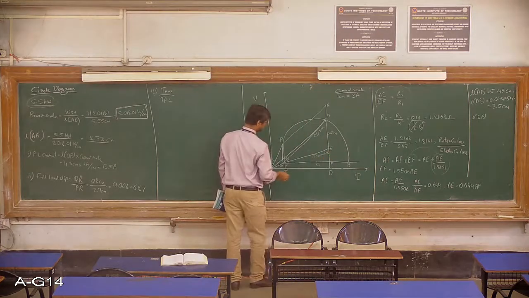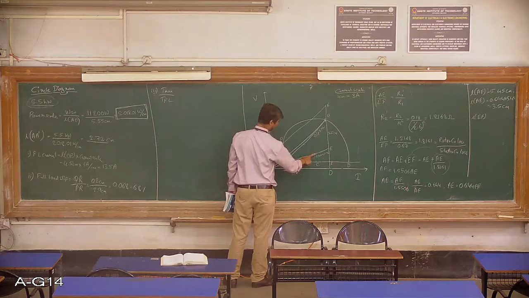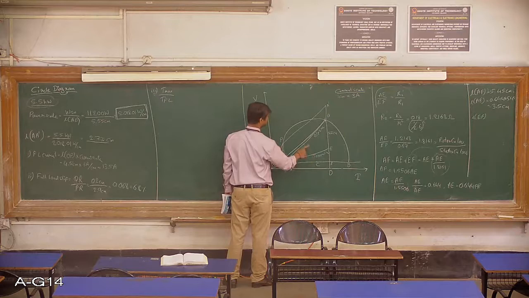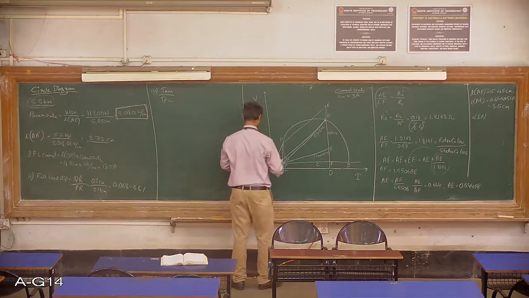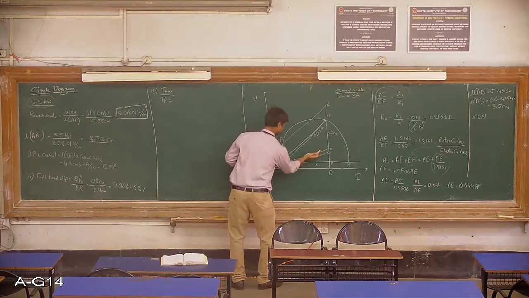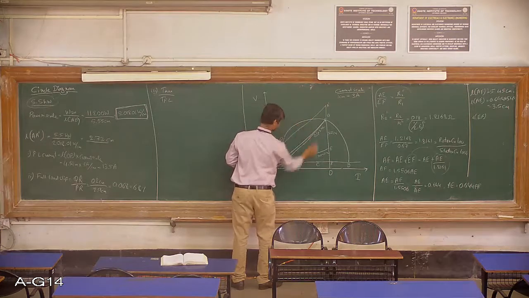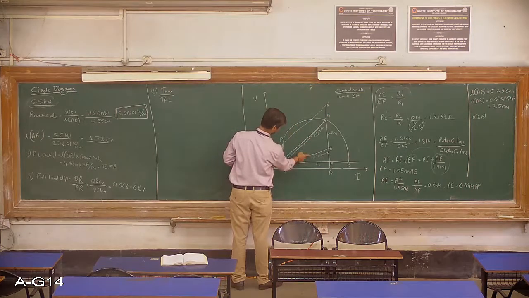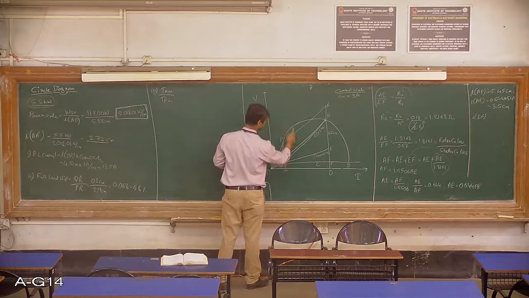To get the maximum torque, I should be drawing a parallel line to this torque line, which should also be tangent to the circle. Okay, so this is the line parallel to the torque line and which is also tangent to the circle.